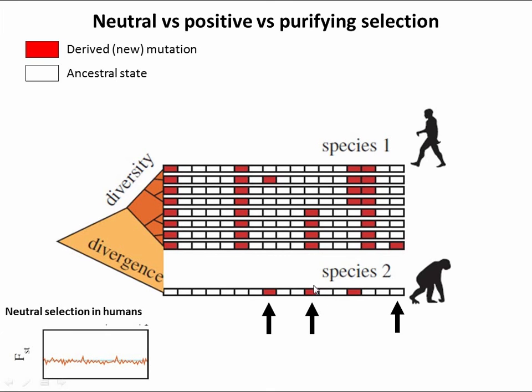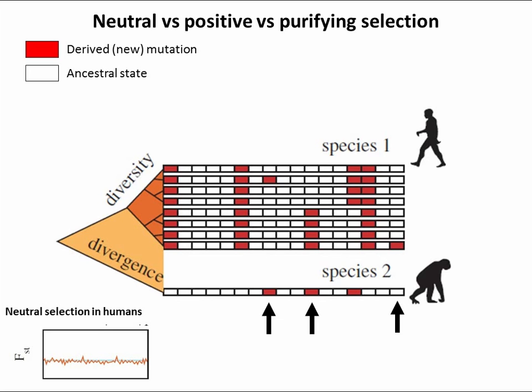As you can see, why? Because the derived mutation is actually shared between human and chimpanzees. So the divergence here will be relatively low, which overall gives you a relatively low FST. That will basically be the background signal of FST, which is neutral evolution.